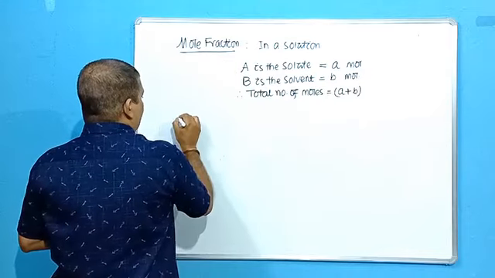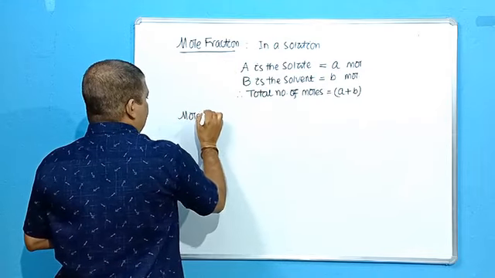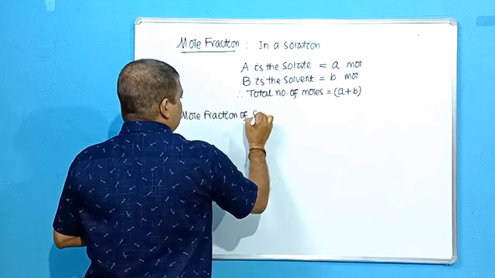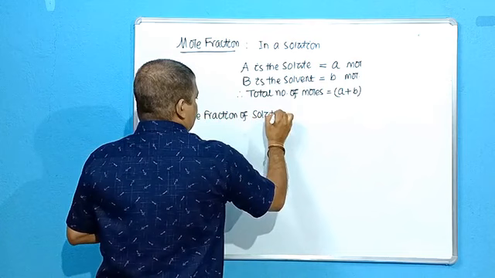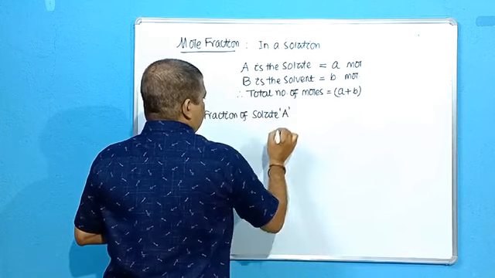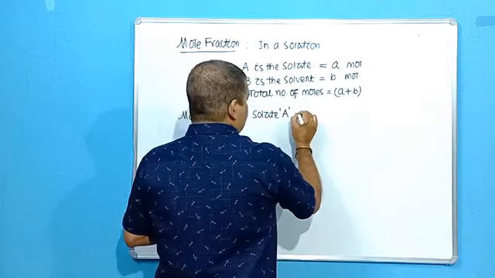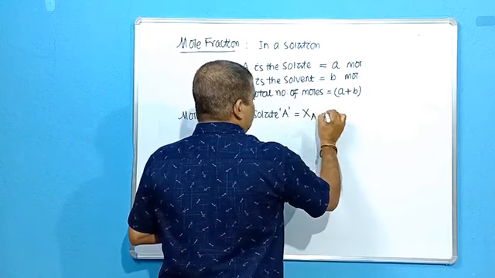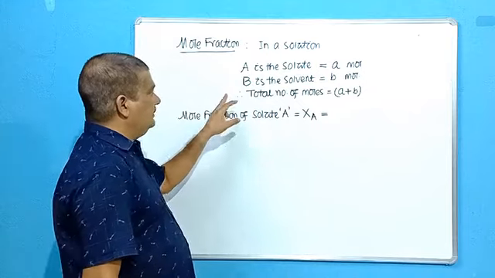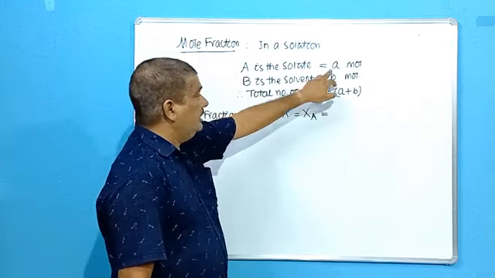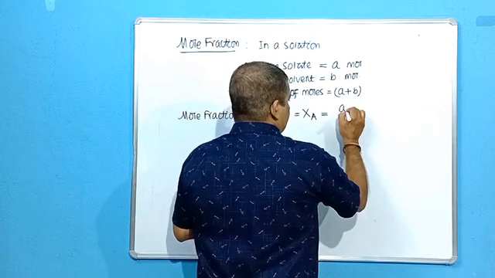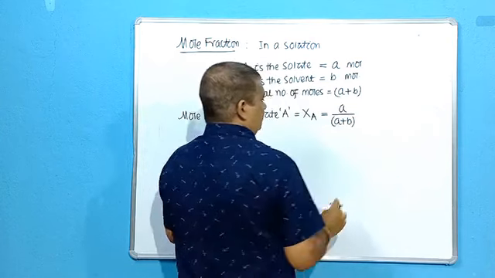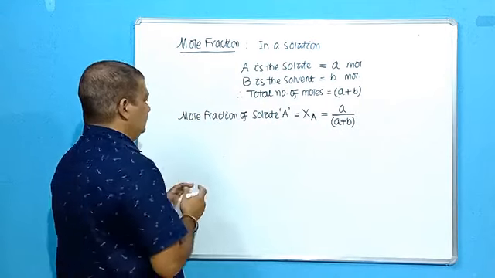So how to calculate the mole fraction of solute A? The solute A will be XA. It is the ratio of the number of moles of that component, that is A, by the total number of moles, A plus B. So this is the mole fraction of the solute.